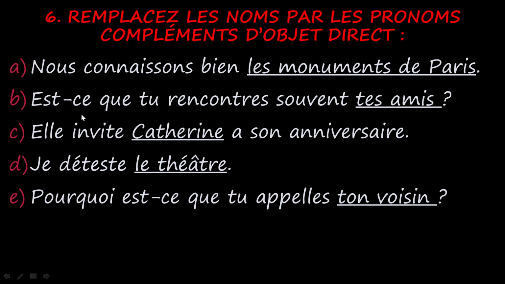So la changes to l'apostrophe: elle l'invite à son anniversaire. Because Catherine is singular, feminine, we use la, and when it's placed before a verb which starts with a vowel, it becomes l'apostrophe.